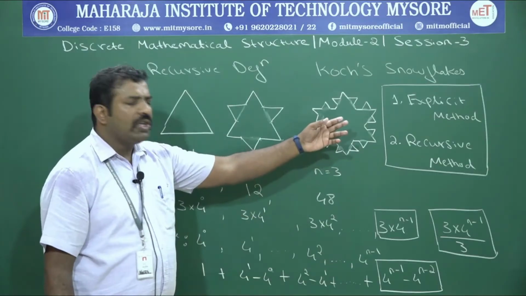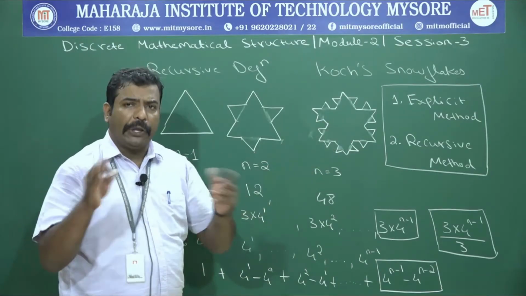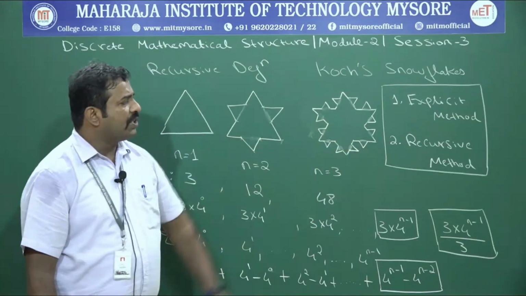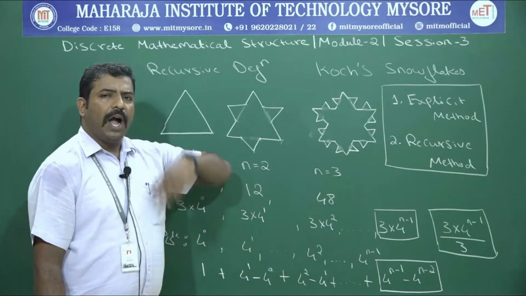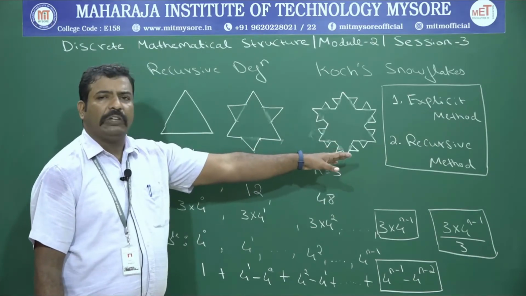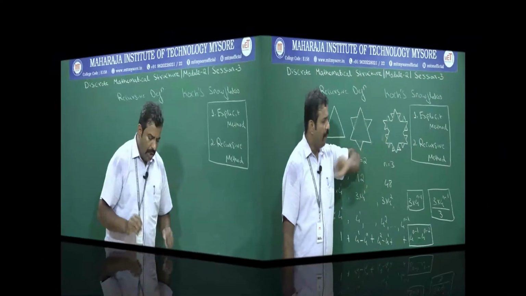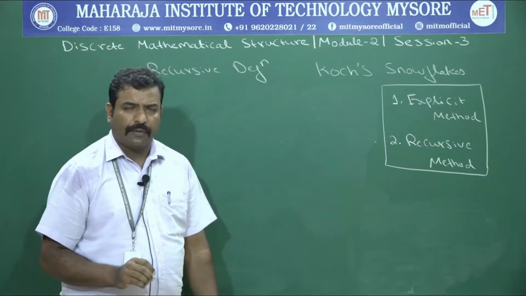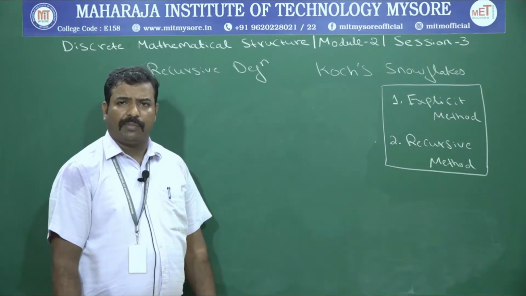Fine. So now I am just going to give an example and clearly make you understand how we are going to represent an equation using an explicit method and how we are going to represent the same equation using a recursive method. Now, whenever you want to represent a recursive definition, that is the recursive method I am talking about.